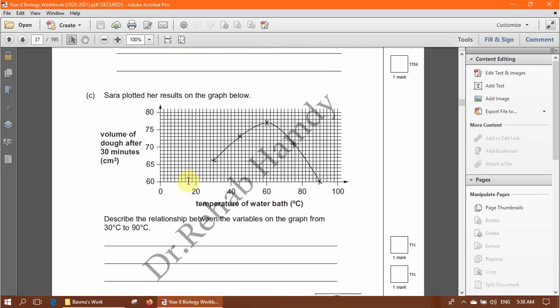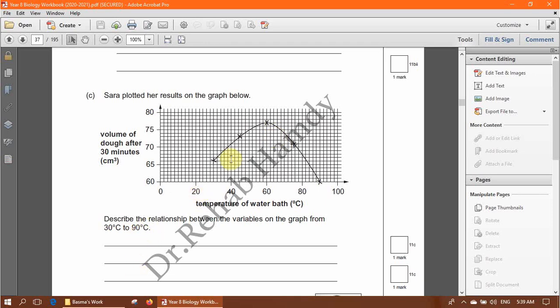She plotted the results. So would you please get a relationship from the result? So we can say that as the temperature increases, the volume of the dough increased. The volume of the dough after 30 minutes increased up to 60 degrees Celsius. Then it doesn't rise as much. It rises, but not as much as at 60 degrees. So it's out of two marks.